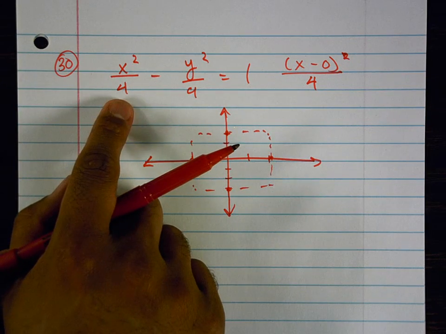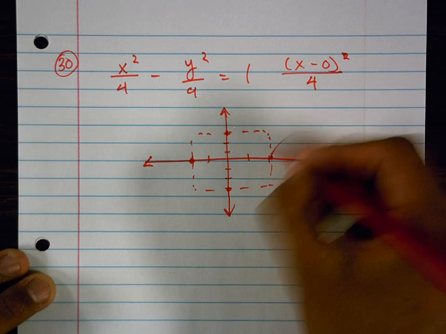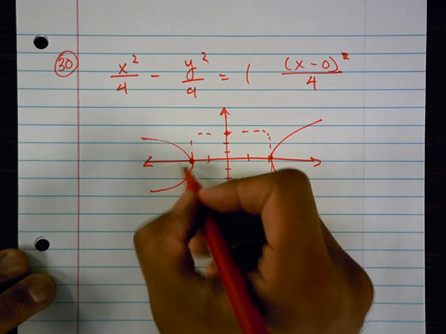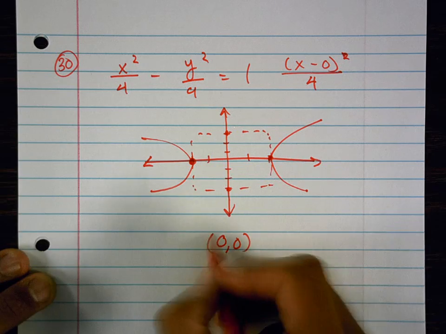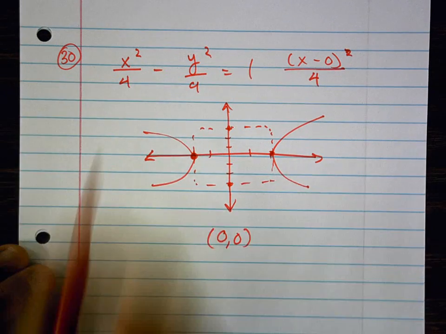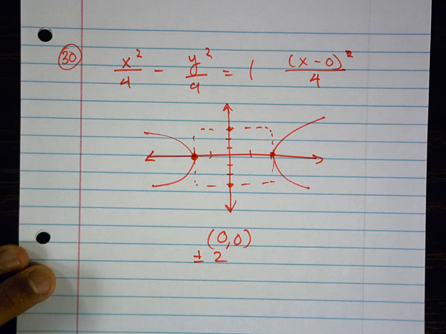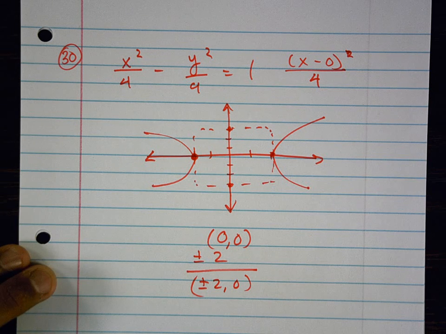So this hyperbola, the vertices are right here, because this thing would be going in the x direction, you know, something like this. Okay, just to kind of give a quick sketch. These are the vertices. So the center is 0, 0. So to find the vertices, we would add 2, and we're going left to right. 2 or minus 2 to the x coordinate, so the vertices are actually plus or minus 2.